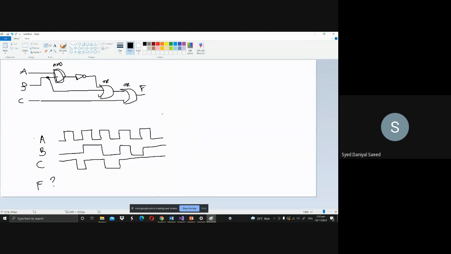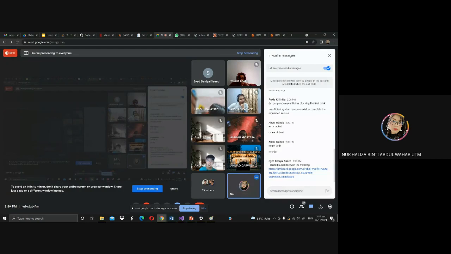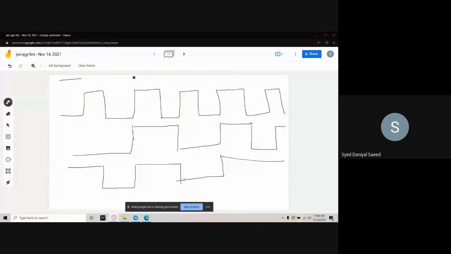Miss, is there a way to make this whiteboard bigger so that I have more space? What do you mean? I ran out of space. I don't have space to make the circuit and the other one because I'm using a mouse. Is there a way that I can add more space?